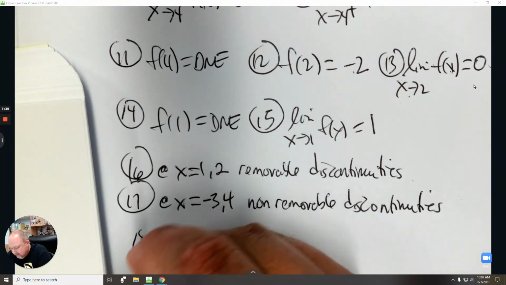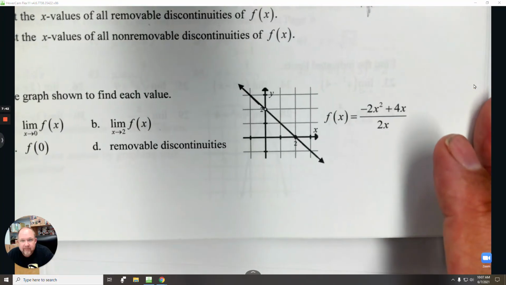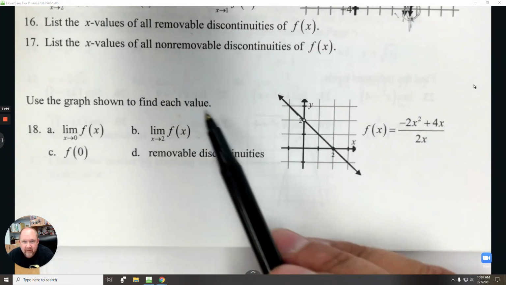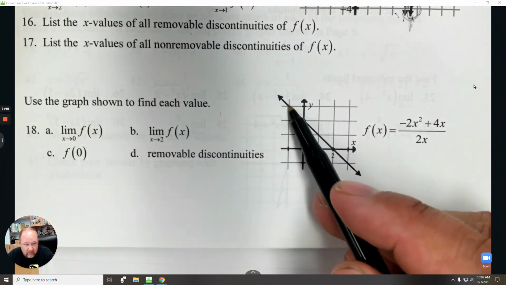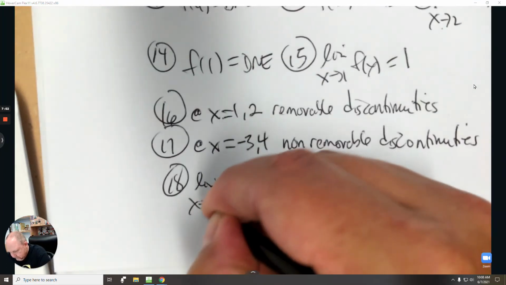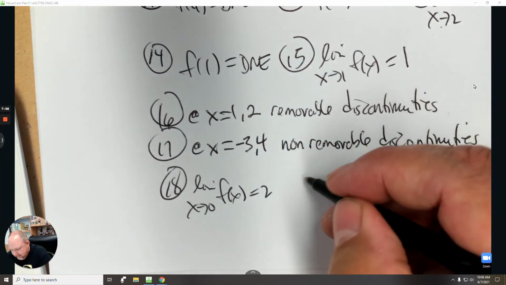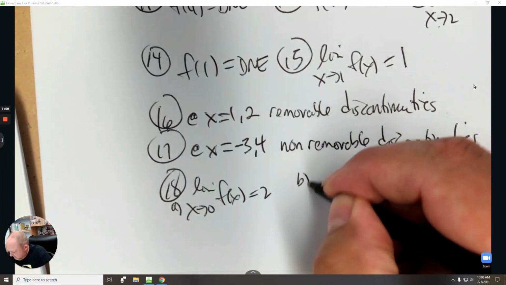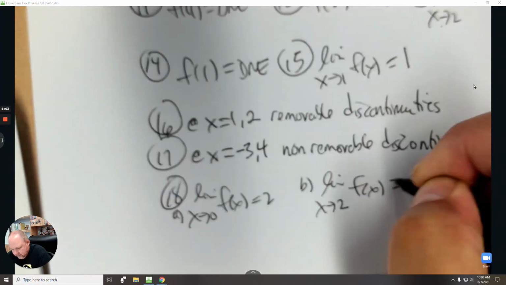All right, number 18. In number 18, use the graph to find each value. The limit as x approaches 0. So go to the graph and the y value is 2. And then that's A, for B is the limit as x approaches 2 of f of x.